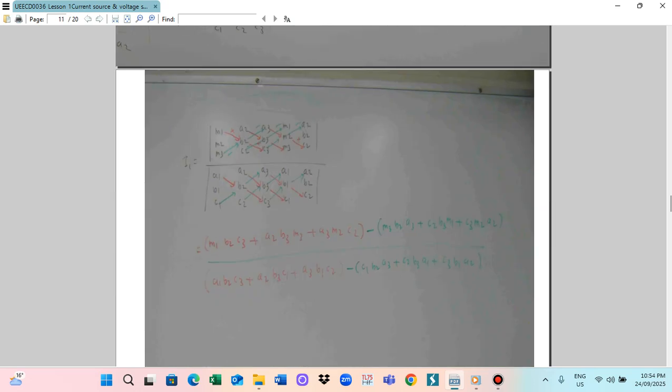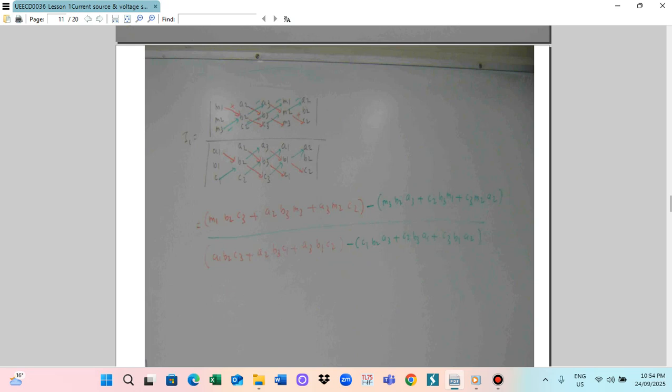So I1 will become N1, N2, N3, A2, B2, C2, A3, B3, C3, and also N1, N2, N3, A2, B2, C2, divided by A1, B1, C1, A2, B2, C2, A3, B3, C3, then again A1, B1, C1, A2, B2, and C2. So we got like this.